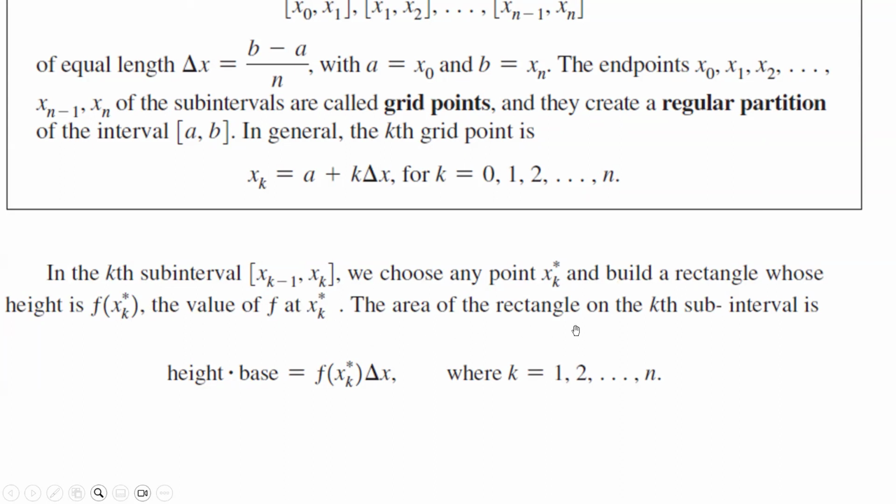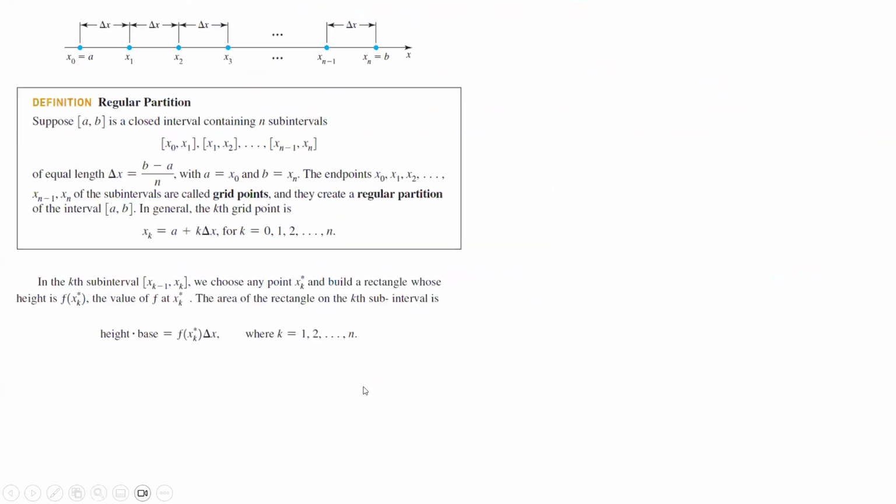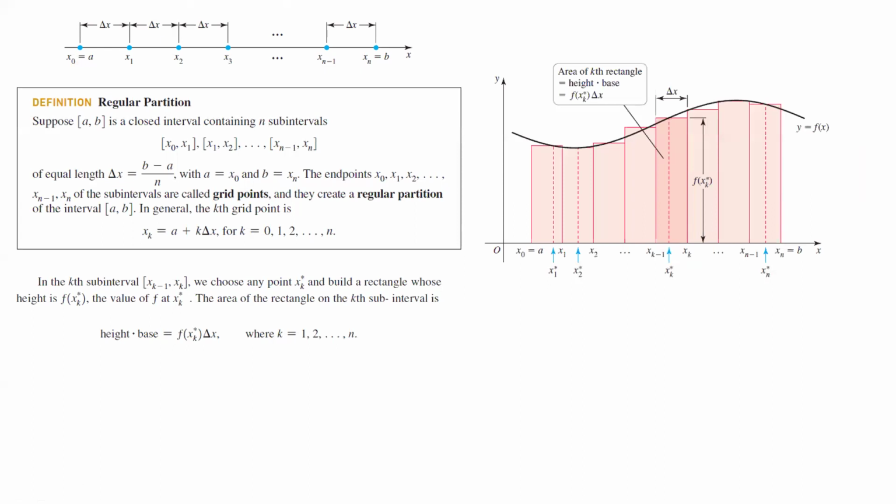Then the area of the rectangle on the kth subinterval is the height times the base, which is f of x sub k star times delta x. Now, summing all of these areas together, we obtain an approximation of the area of R, which is called the Riemann sum.